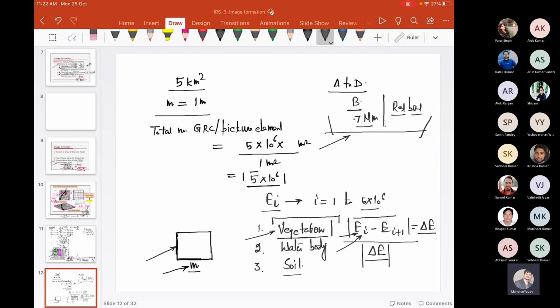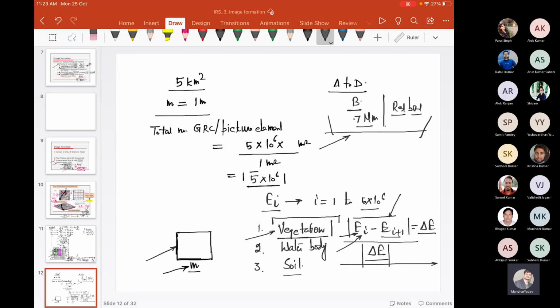So we need to design a system, okay, through which we can neglect these differences, and we assign certain parameters which represent uniquely all the vegetation ground resolution cells. Representing uniquely means E_i and E_i plus 1 are given the same number.